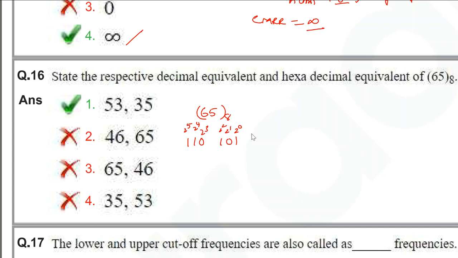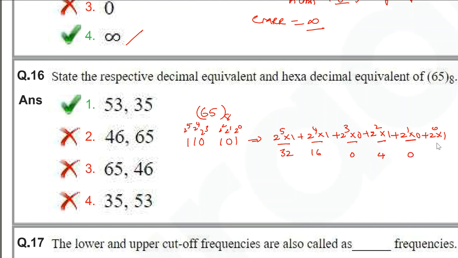So first of all, 2 power 5 into 1 plus 2 power 4 into 1 plus 2 power 3 into 0 plus 2 power 2 into 1 plus 2 power 1 into 0 plus 2 power 0 into 1. Its value: 2 power 5 into 1 is 32, this one will be 16, this will be 0, this will be 4, this will be 0, and here will be 1. So 32 plus 16 is 48, 48 plus 4 is 52, 52 plus 1, the equivalent value is 53.